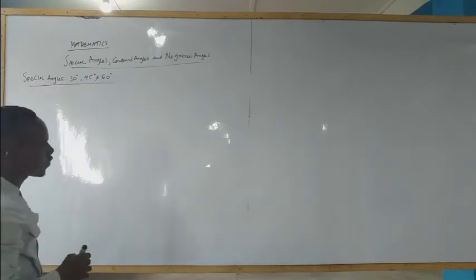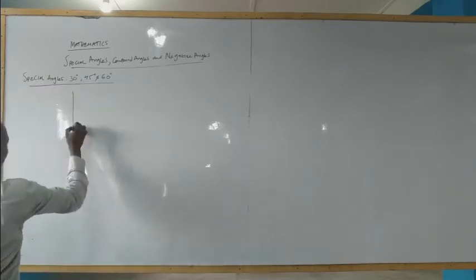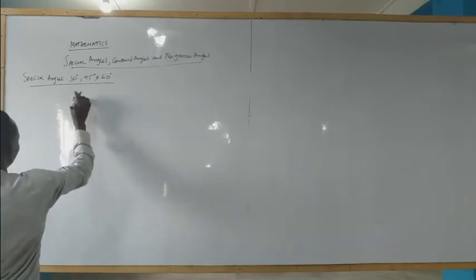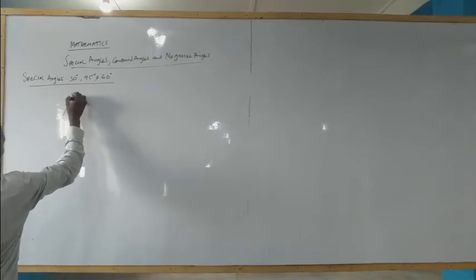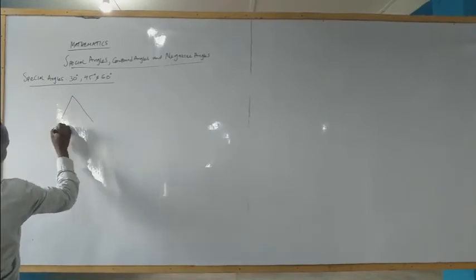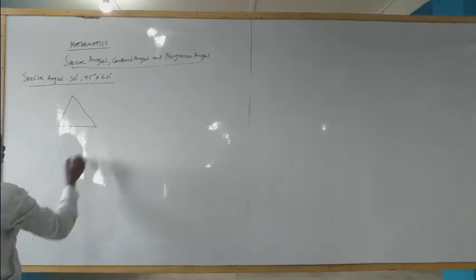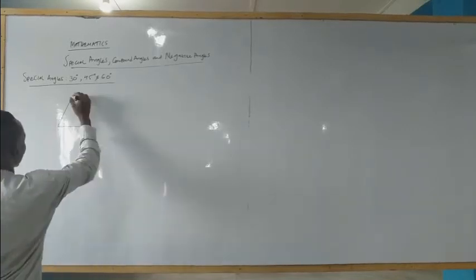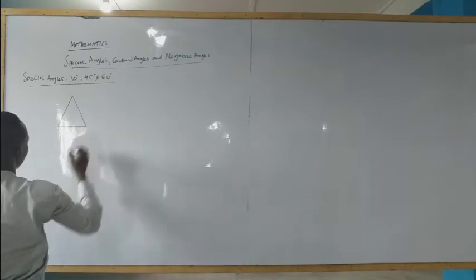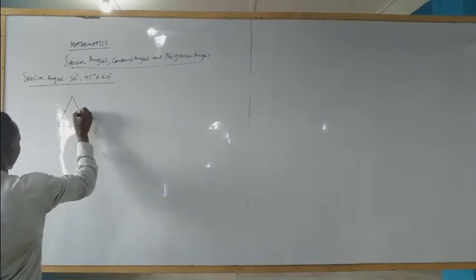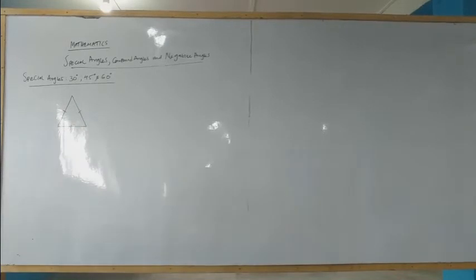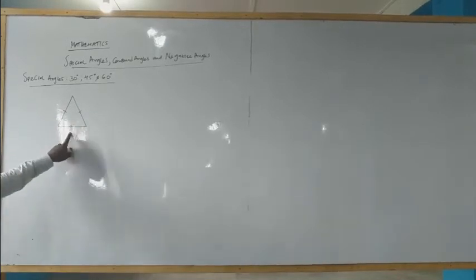So, briefly, we have an equilateral triangle. From this triangle, we can derive some of our special angles.